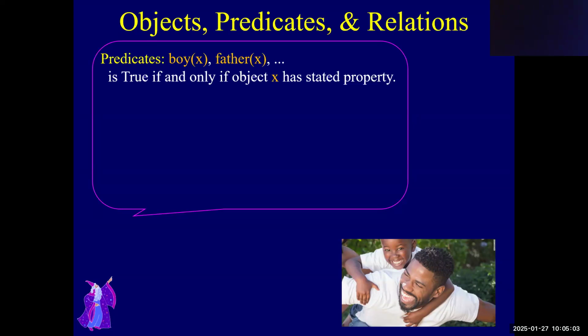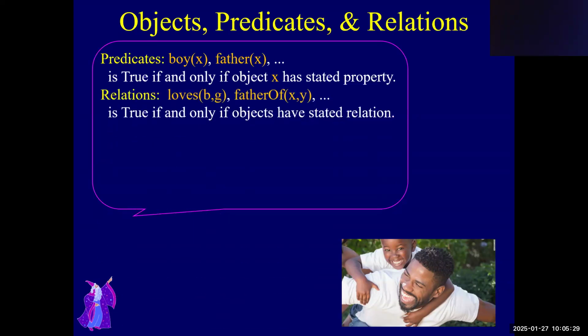And the nice thing about that is we already know how to do Booleans. So we're going to take boys. Boy X: if X happens to be a boy, then this will be true. And if X is not a boy, then that will be false. And then we can say boy X or father X, because we can build up predicates like statements as we did before.